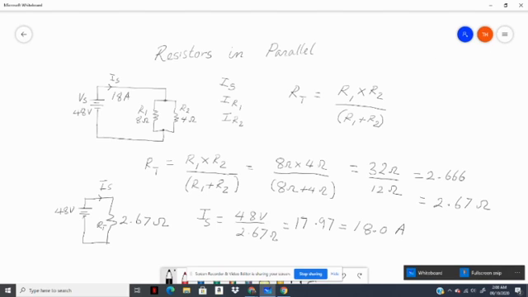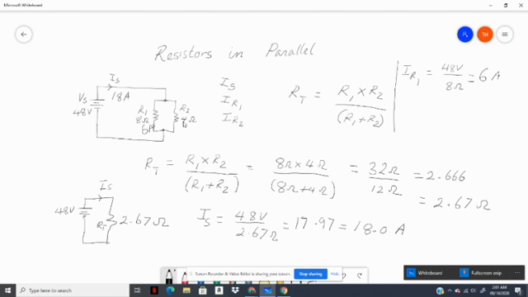Let's do it over here and make some space. I R1 is equal to 48 volts divided by 8 ohms. So 48 divided by 8, you get 6 amps. So the current through here is 6 amps.